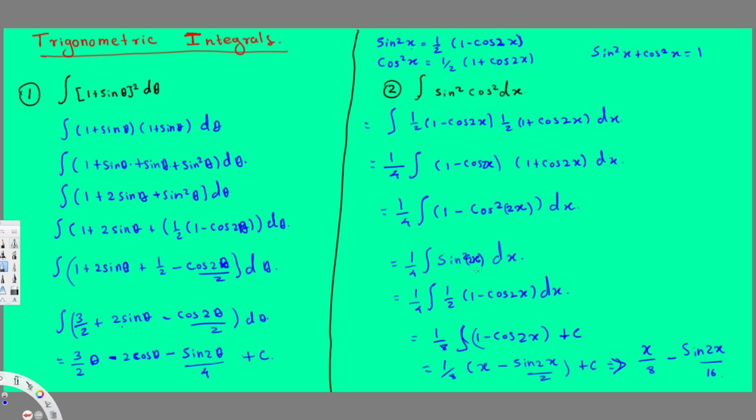So this one should become 4x, so this is 4x divided by 4, and that gives us sine 4x over 32. And that is our final answer: x over 8 minus sine 4x over 32 plus constant. And that's how we do this kind of problems.